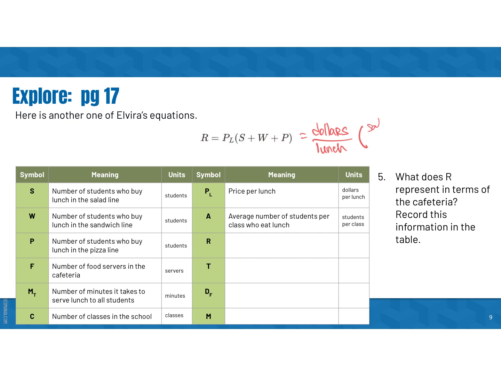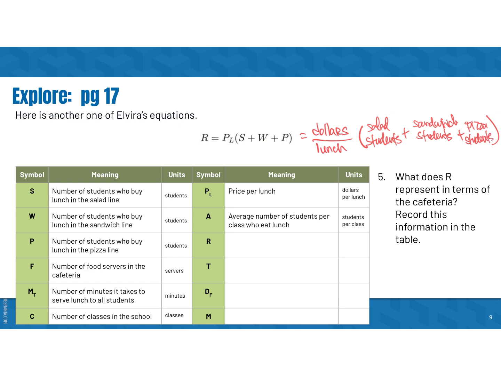So salad students, plus sandwich students, plus pizza students.